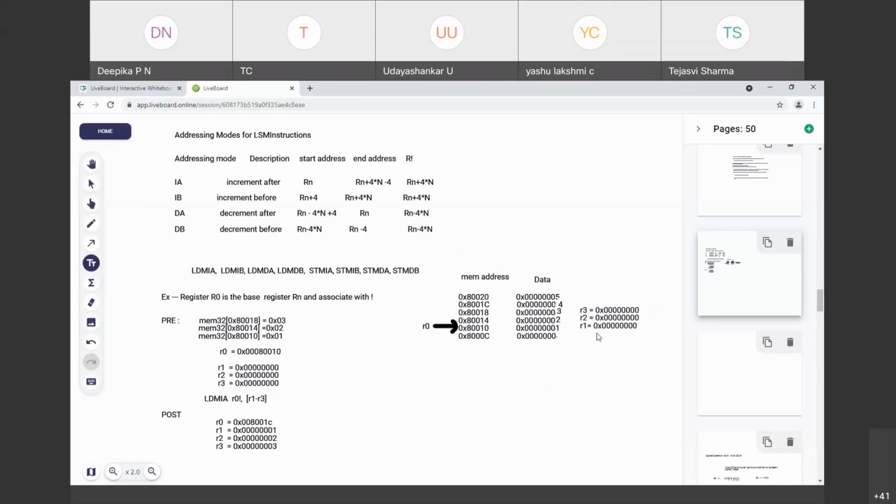So when I upload this, it means I am moving the contents 1, 2, 3 to the registers and pointing to this memory location: 14, 18, 1C. Now my cursor will point to 1C. After execution, you just observe.